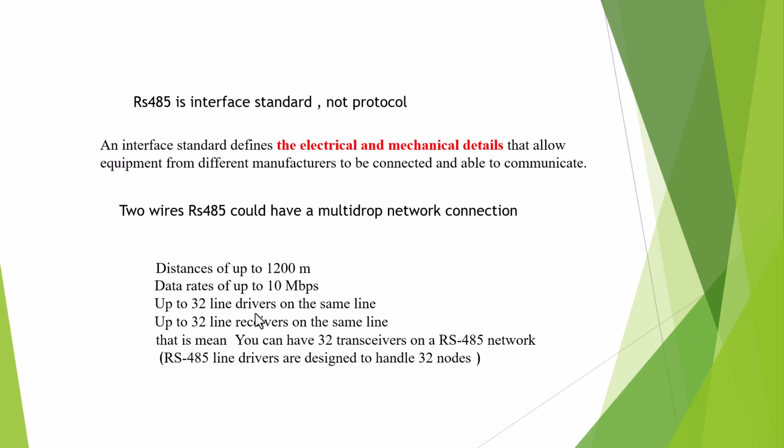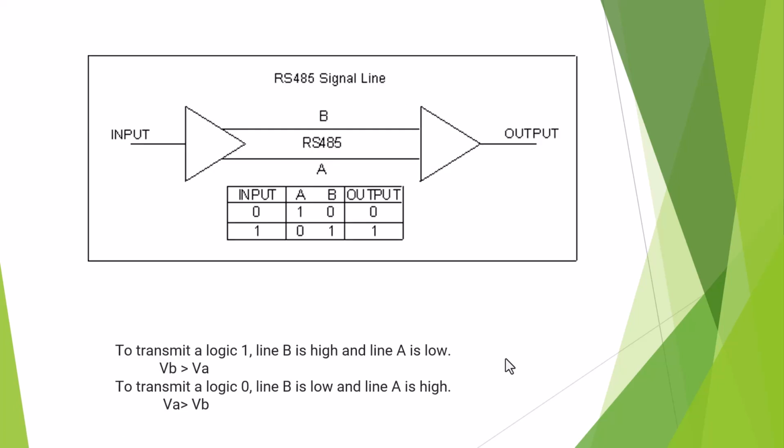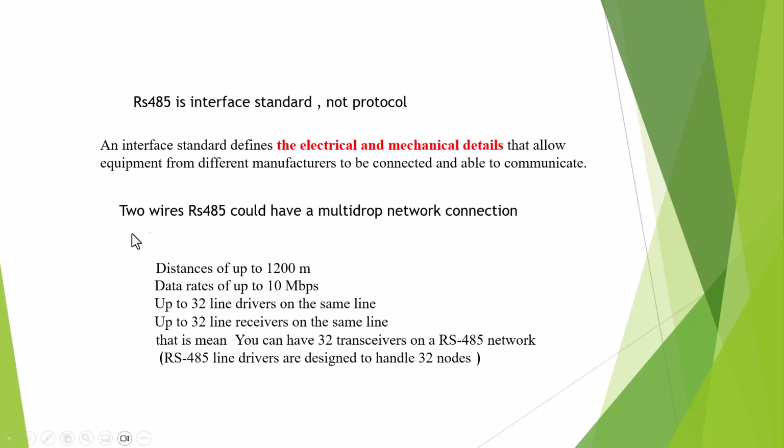The total number of devices on one network is a maximum of 32 nodes. So you can have 32 transceivers on an RS485 network. That covers the RS485 mechanical details.